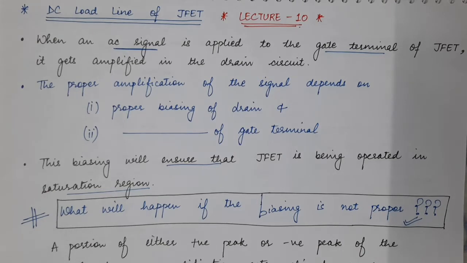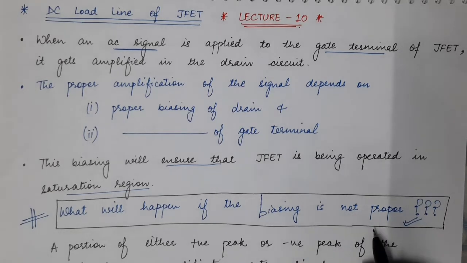What happened there when the biasing was not proper in case of BJT? You know that the AC signal which you apply for amplification will have positive as well as negative peaks. When the biasing is not proper, then in the amplified signal which you receive, either the positive part or the negative part of the input signal will be clipped.